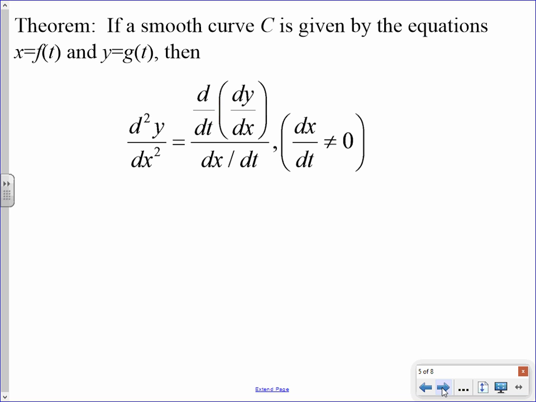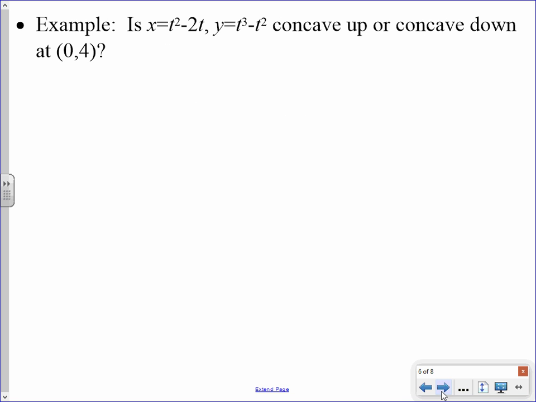Okay. So, here we go. Is this function concave up or concave down? Go ahead and write it down.